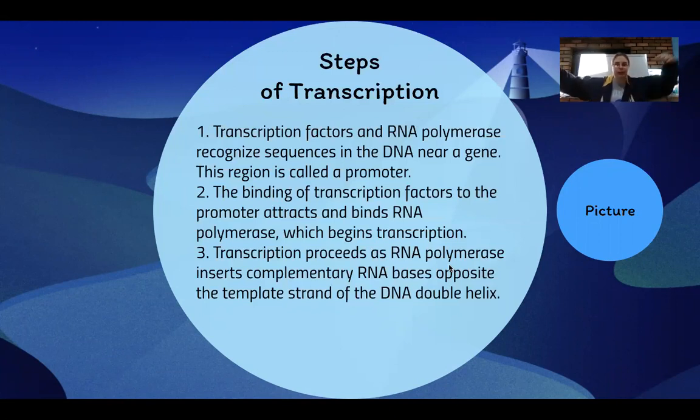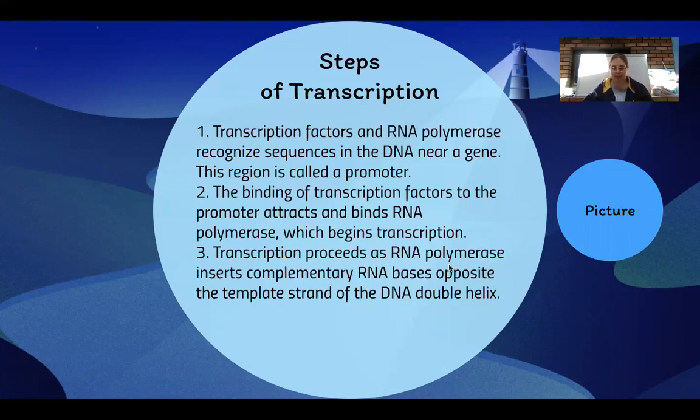There's a gene right here, so attach here. So the transcription factors can actually recognize where the promoter is, and they will bind to it. When the transcription factors bind to the promoter, it then attracts the RNA polymerase down to that same spot where it can also bind, and it can actually begin transcription.